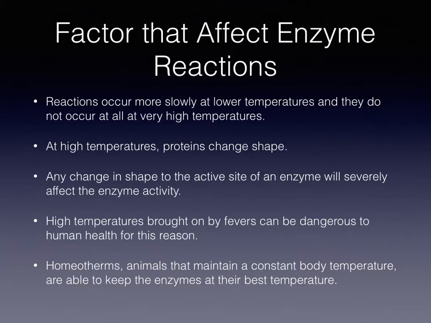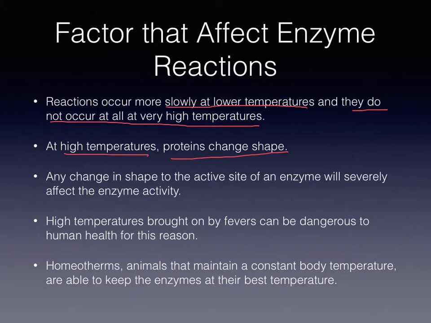Reactions occur more slowly at lower temperature, and they do not occur at all at very high temperatures. At high temperatures, the protein changes shape. So therefore, it doesn't fit the substrate.